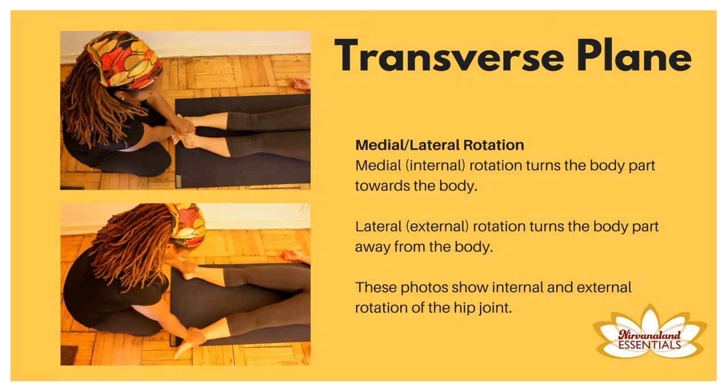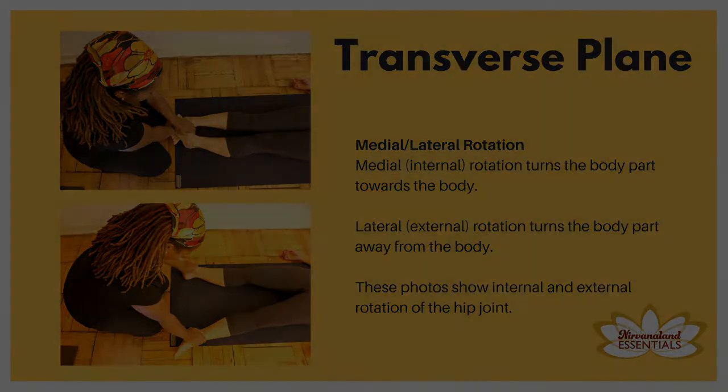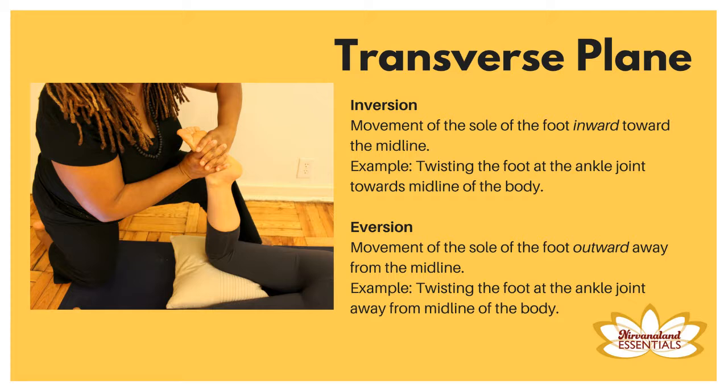In both of the photos shown, the internal and external rotation is occurring at the hip joint. Inversion is a movement of the sole of the foot inward towards the midline of the body. So for example, in this photo, I'm twisting the foot at the ankle joint towards the midline. Eversion is the opposite of that. It's a movement at the sole of the foot outward, away from the midline of the body.